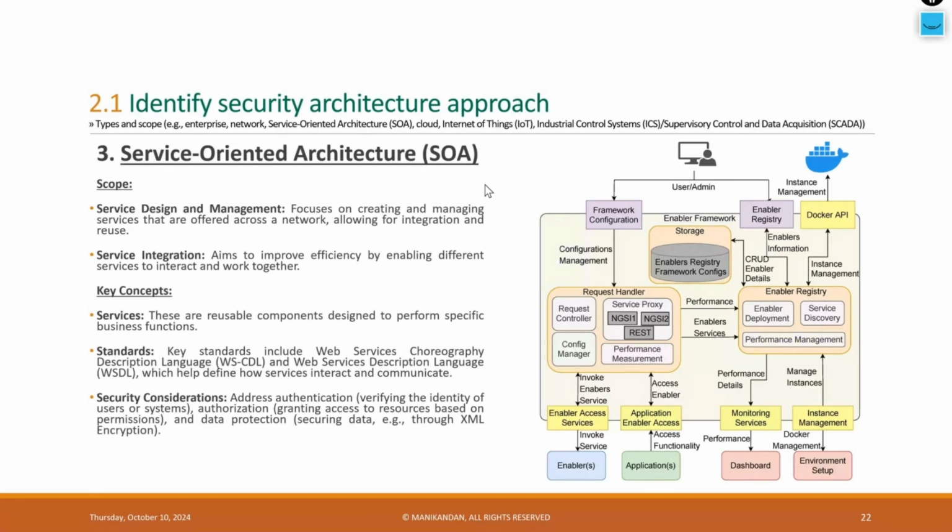Service oriented architecture is basically a method of software development. In SOA, the software components, or the libraries which we use in the software, we call them services, used to create business applications.